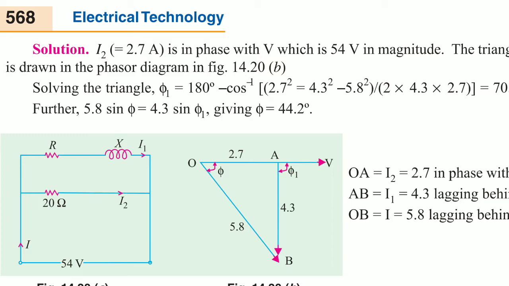So cos phi 1 is equal to resultant current square minus I1 square minus I2 square divided by 2 I1 I2.